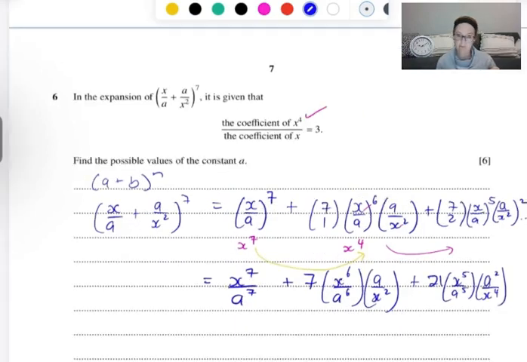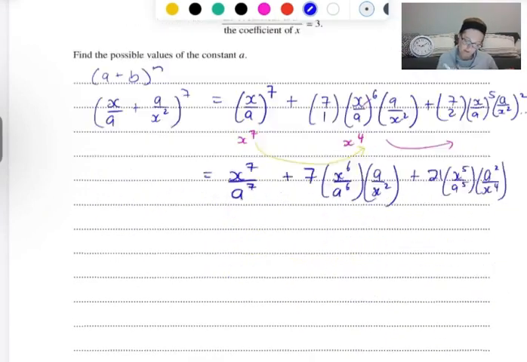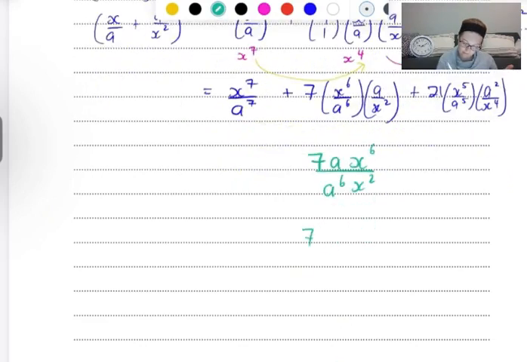Right. Now, what are they saying? Okay, I'm just going to simplify this. I'm just going to do a different color pen for now. 7a^6 over a^6 x squared, so this becomes 7 x^4 over a to the power 5.